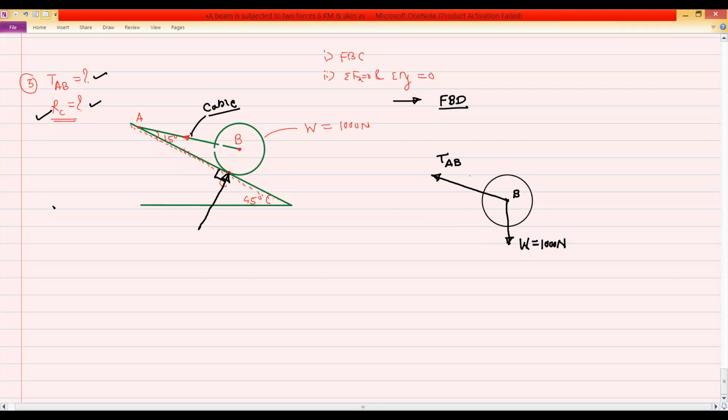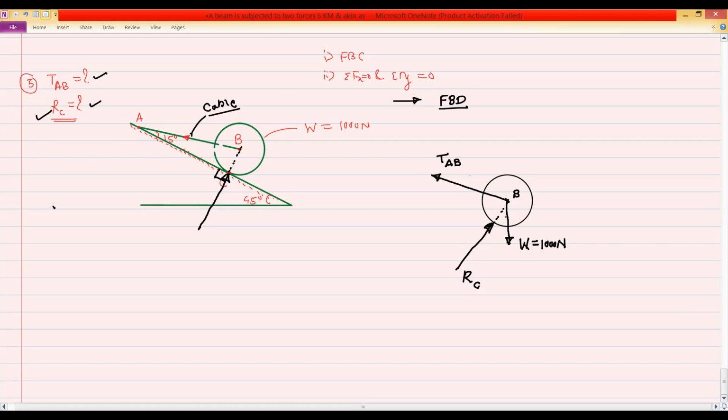If I extend this normal reaction, that is the line of action, it will pass through the center point B. So on this FBD, this is the normal reaction, which is nothing but the reaction at point C, the RC. And this is the line of action. The line of action of the reaction RC passes through the point B.